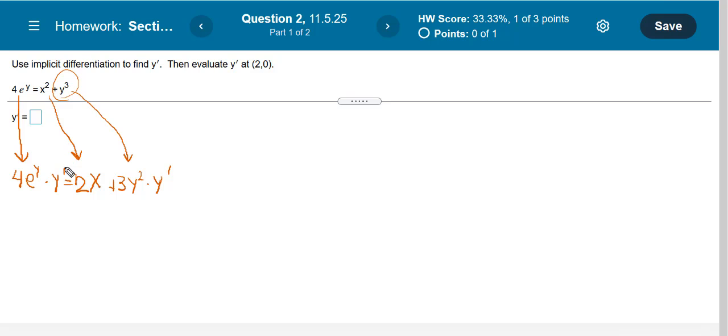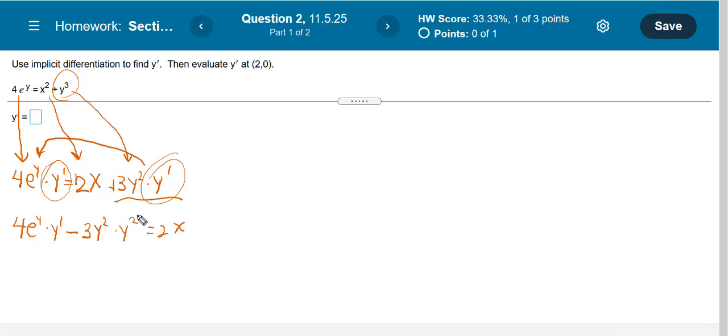We need to solve for y prime, but it's in 2 places. So we need those together on the same side. So we'll move this term to the other side. That would give us a 4e to the y times y prime minus a 3y squared times y prime.